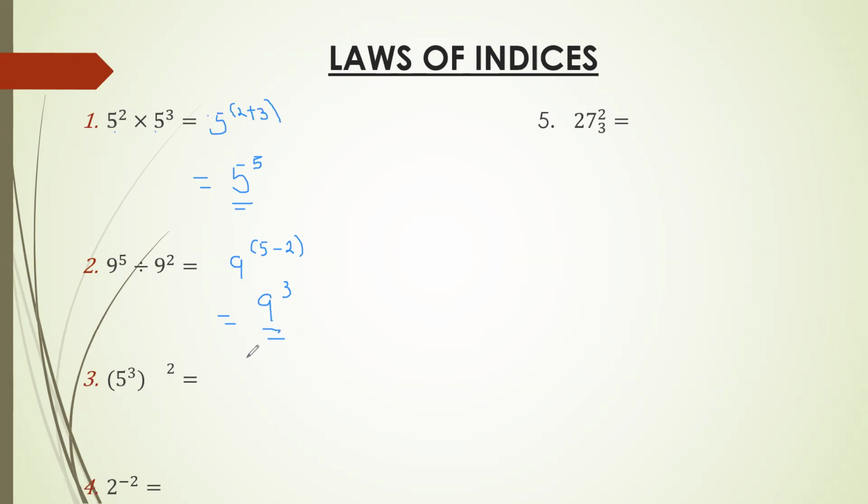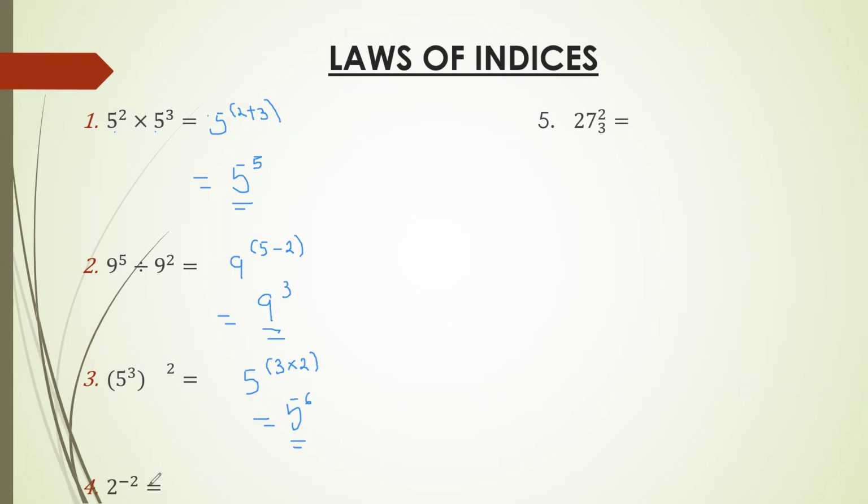And the third one, what do you do? There are two powers here, one inside and the other outside the bracket. So you multiply the two powers, 3 times 2, which gives 6. So your answer here will be 5 power 6.